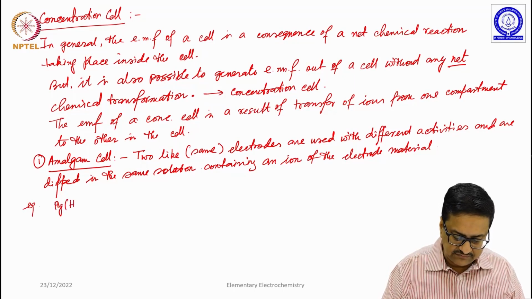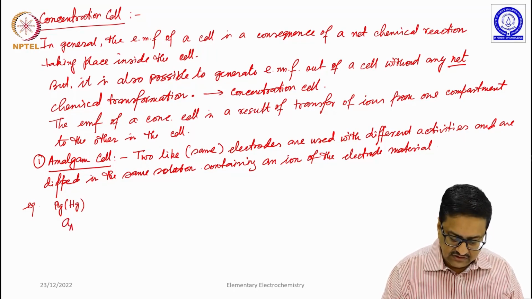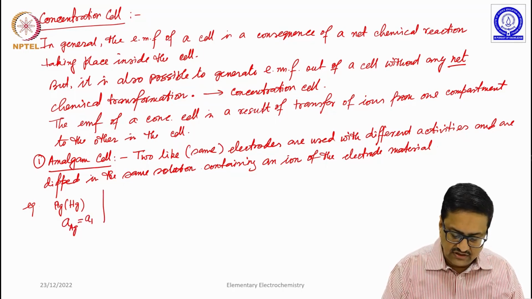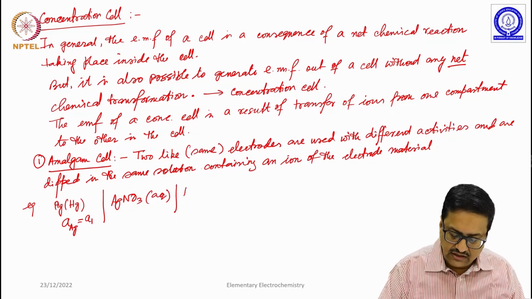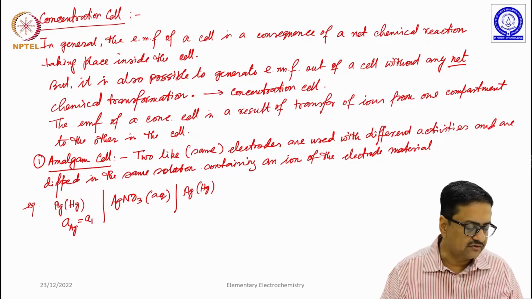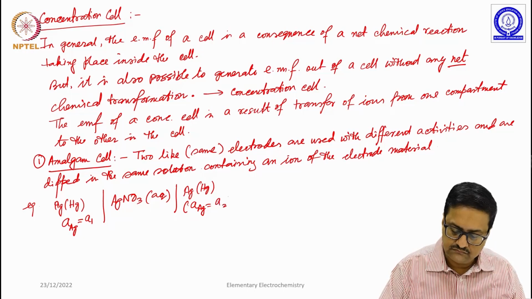silver amalgam with activity of silver as A1 is dipped in a solution of AgNO3, and on the other side you have another silver amalgam electrode with activity of Ag equal to A2.